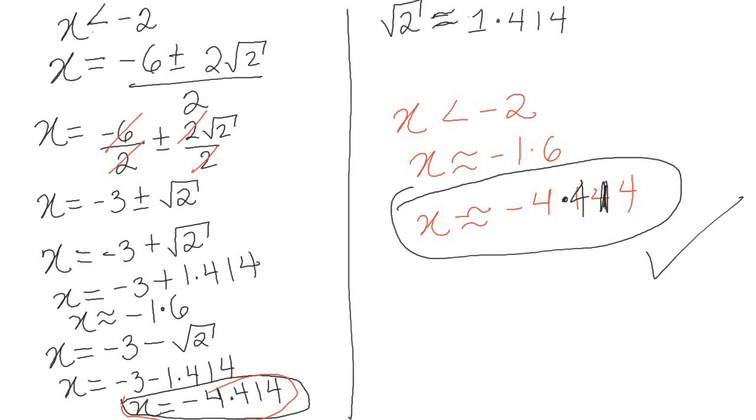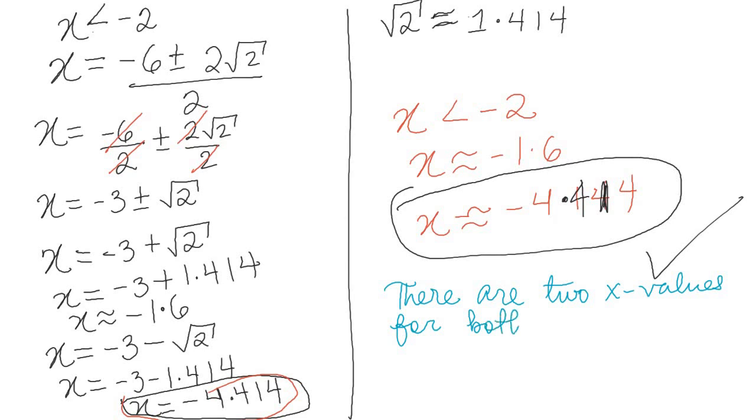So hence, to write it in a neater way, there are 2 x values for both cases, both the case where x is less than -2 and also where x is greater than or equal to -2.